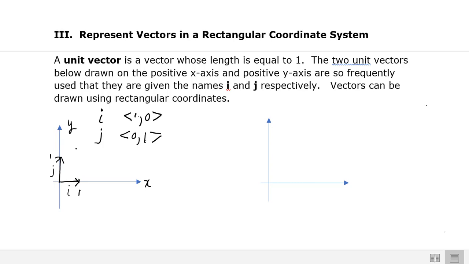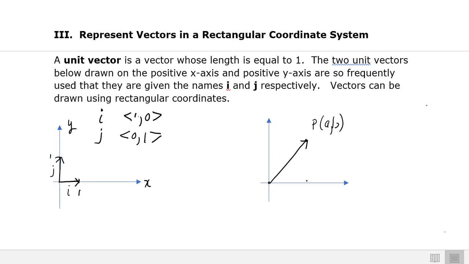These vectors are important because we can take any vector we want and write it in a rectangular coordinate system. So if I start with a vector whose initial point is at the origin (0, 0), and whose terminal point, we'll just say generically, is at (a, b), so if I draw this vector, basically what I can do is write this vector in terms of i and j by thinking of a and b as scalar multiples.